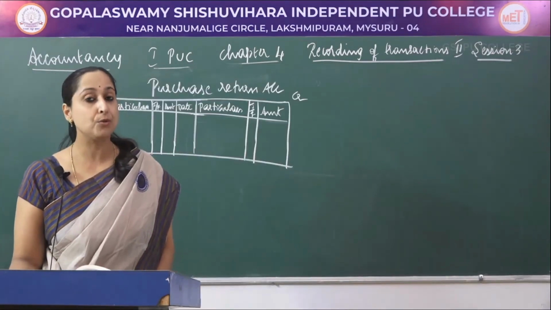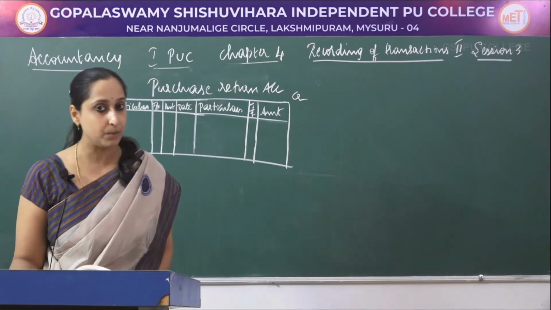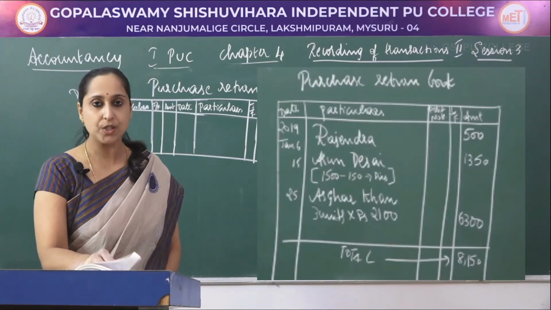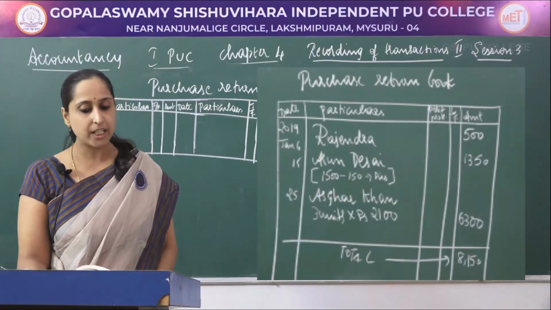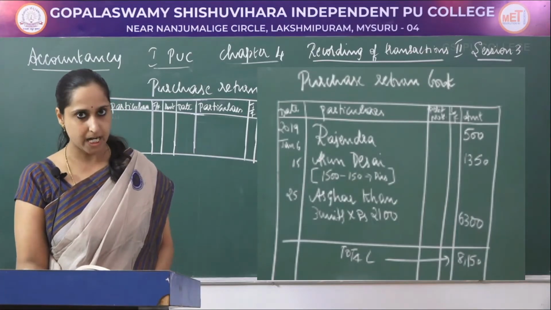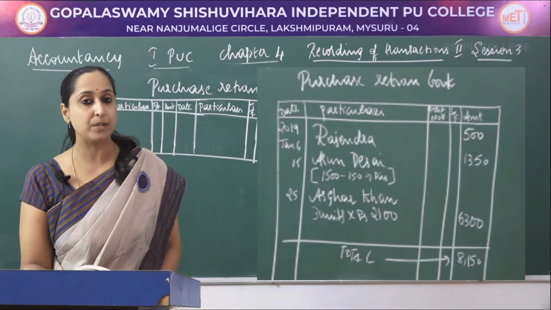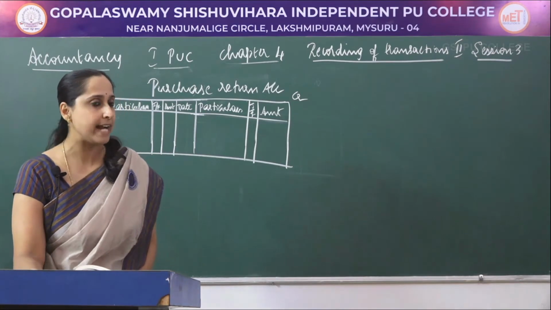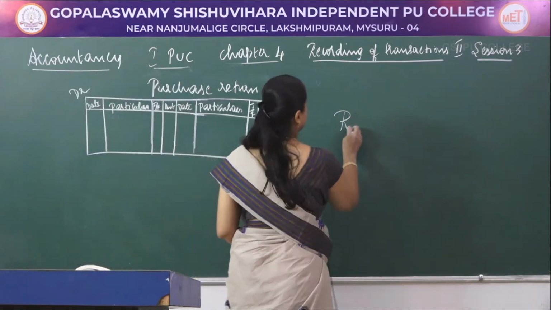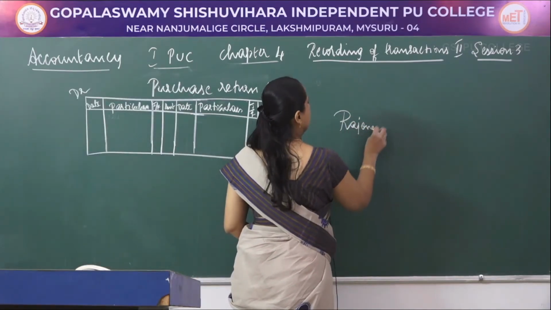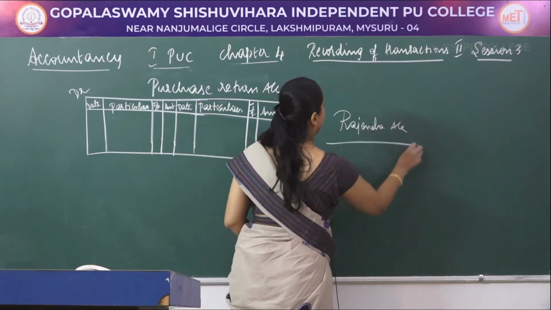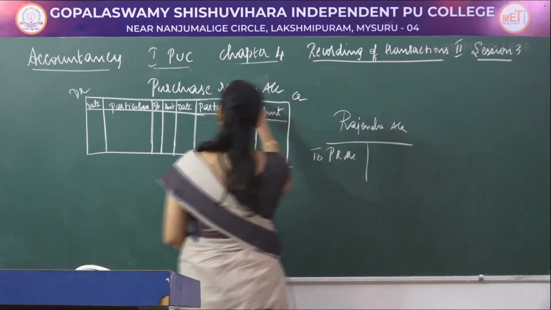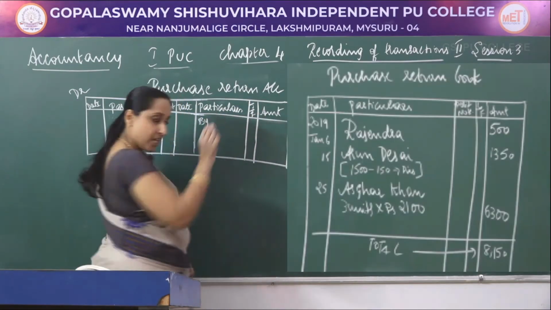Let's post to purchase return account. So, what would be the journal entry? We have returned goods to 3 suppliers, Rajendra, Arun Desai and Asghar Khan. So, journal entry would be Rajendra's account debit to purchase return account. So, in Rajendra's account we would write to purchase return account. So, in purchase return account we would write by Rajendra's account.